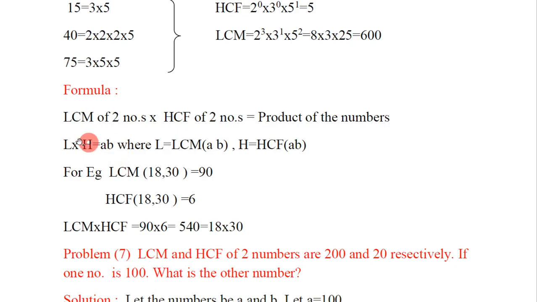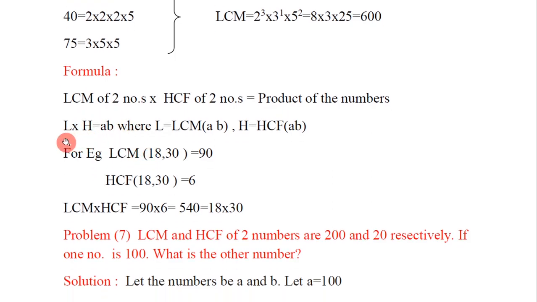Now we can use this formula to find LCM or HCF or any one number if the other three are given in the formula. That means, for example, if L, H and one number are given, we can find the other number. Or if two numbers and H are given, we can find L.